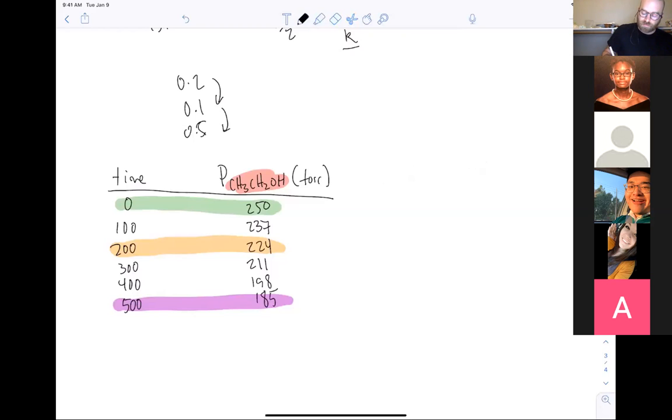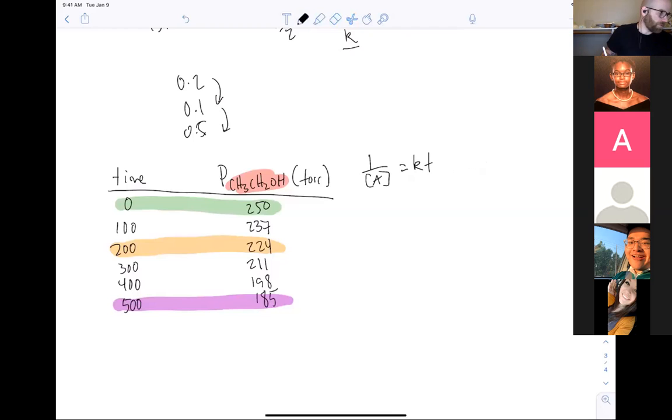If I assume that it's second order, then this data should fit this and it should be linear. This tells me that after some time t, if I multiply that times k and add it to 1 over the initial concentration, it'll give me the inverse of the actual concentration. And so k should be constant for any one of these individual experiments.